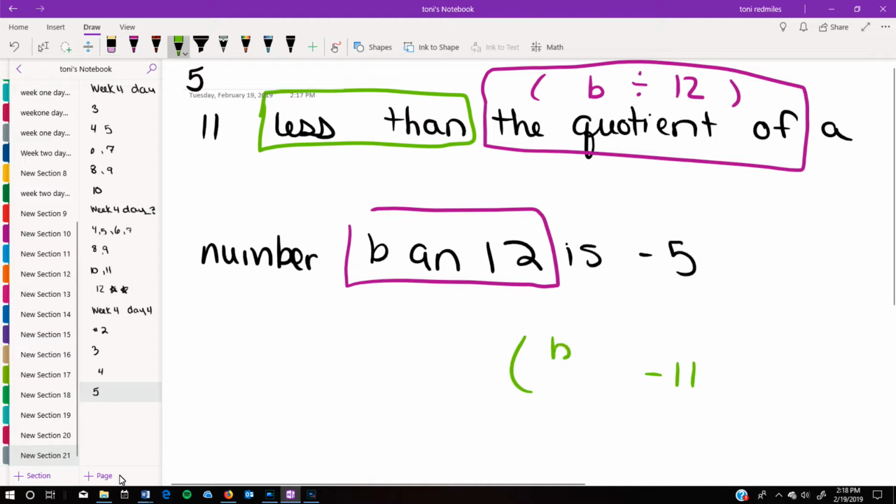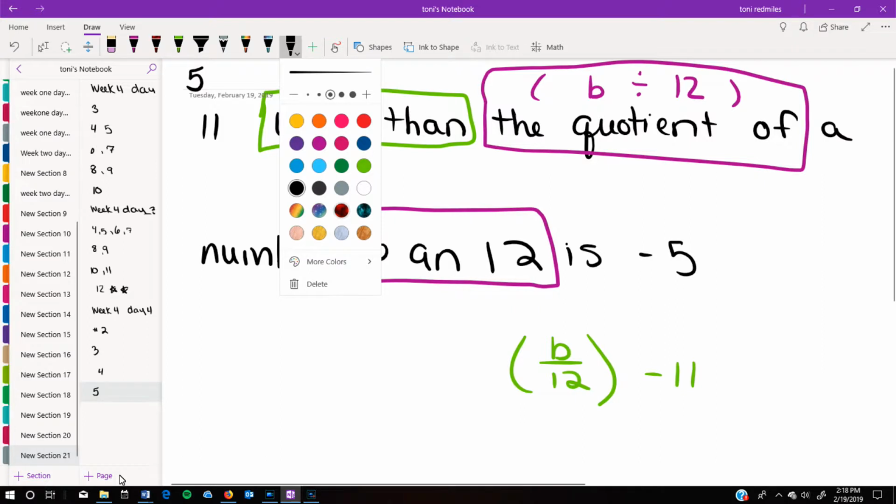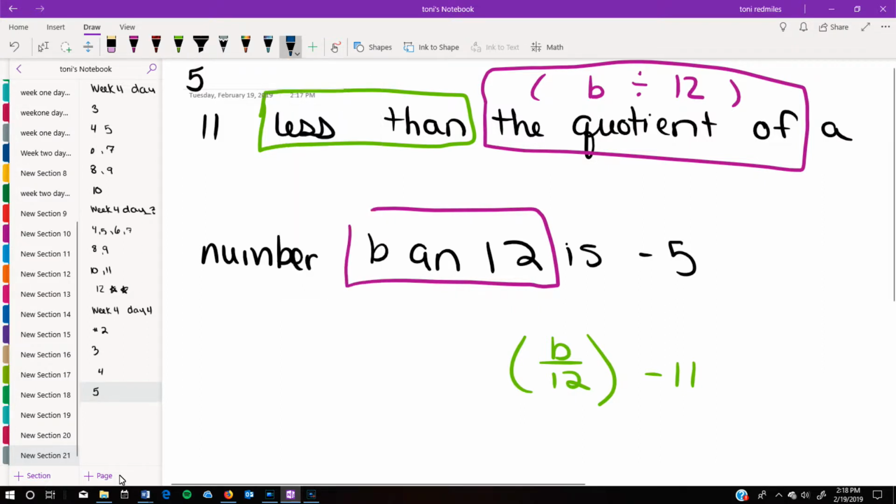So I have b divided by 12 minus 11, okay? And the last thing is the word is. Is means equals. So all of this equals a negative 5.